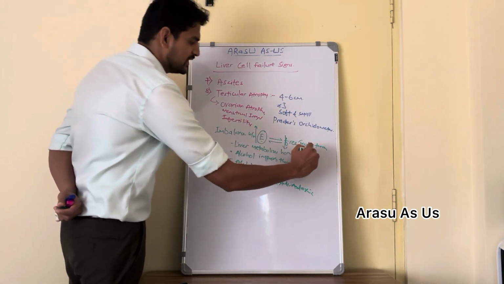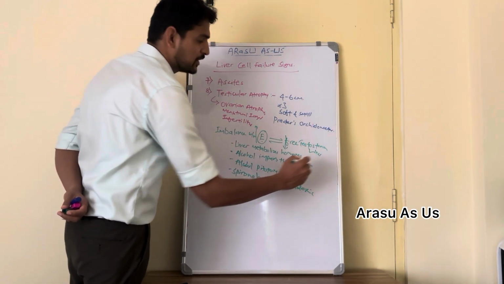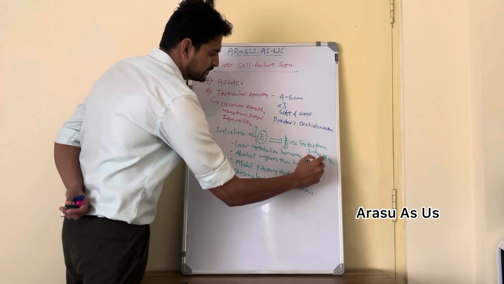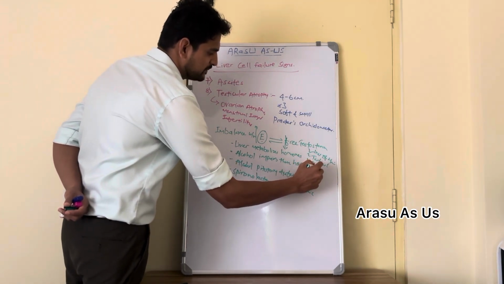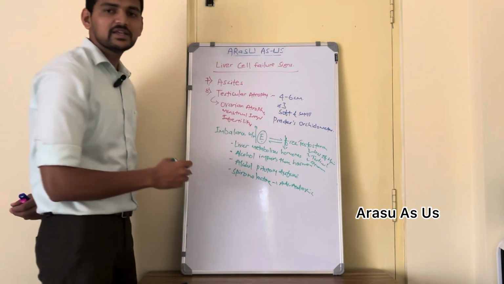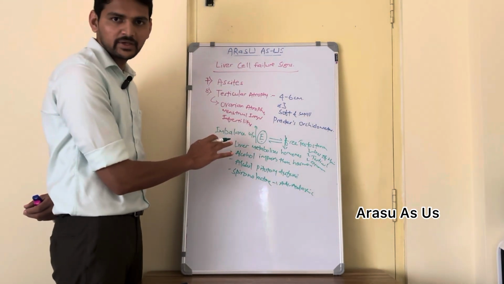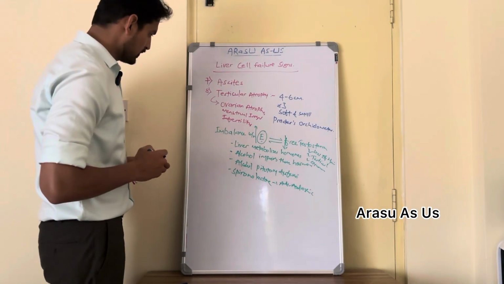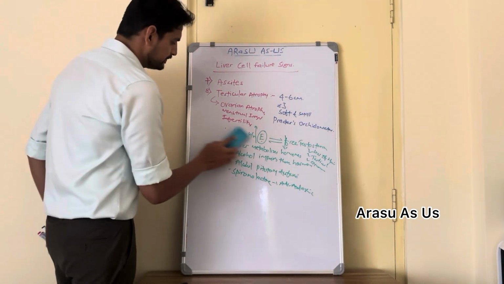That's why we can see there will be loss of androgenic pattern of hair, testicular atrophy, even gynecomastia. And these increased levels of estrogen in liver cell failure will manifest with some other findings, which we will discuss now. So this is the mechanism.